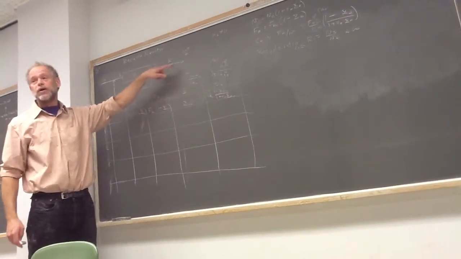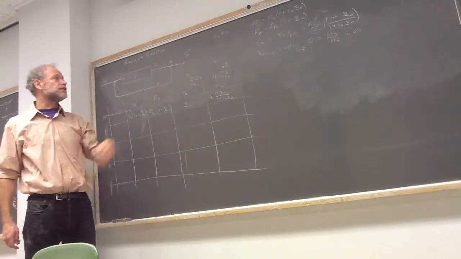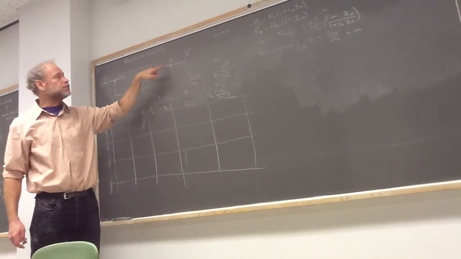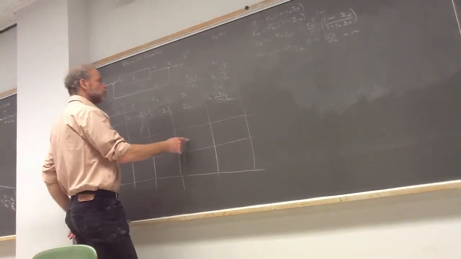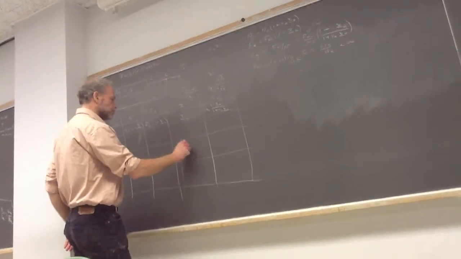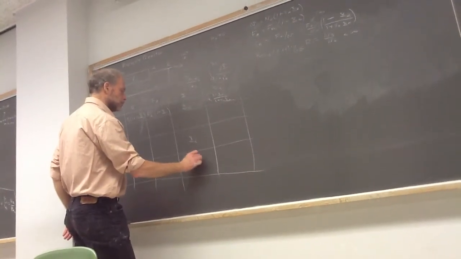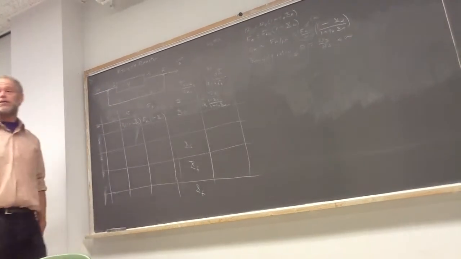There's no reaction going on here. How about between x out and x3? They're the same. All three of these are the same. It's the same stream that's just getting split up. So x2, x3, and x out are all the same. That's easy.